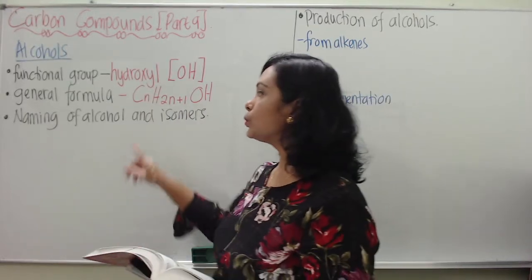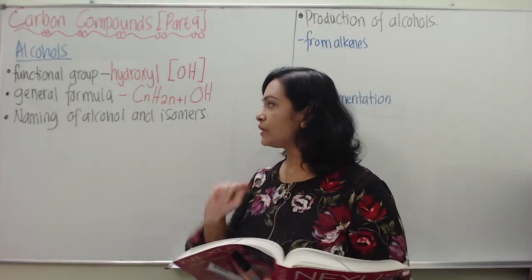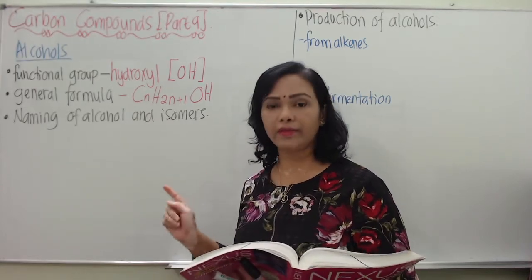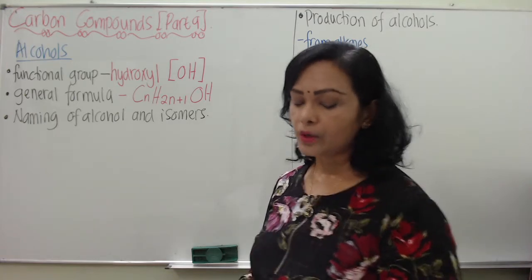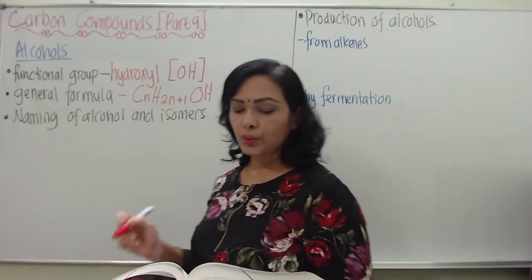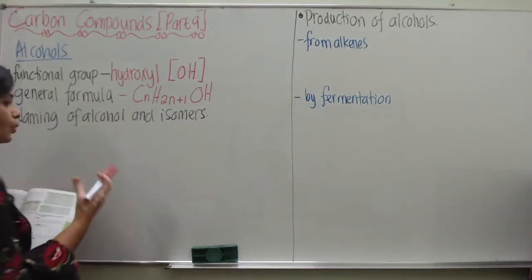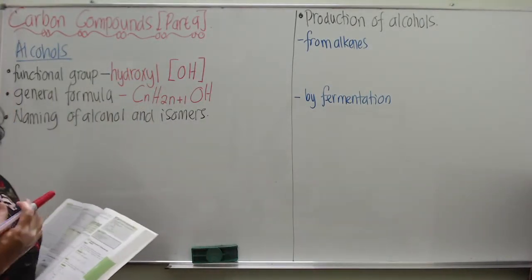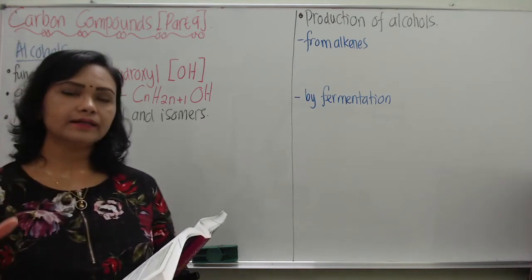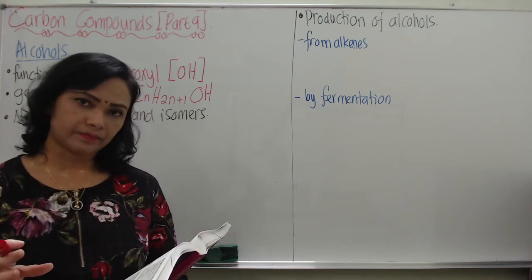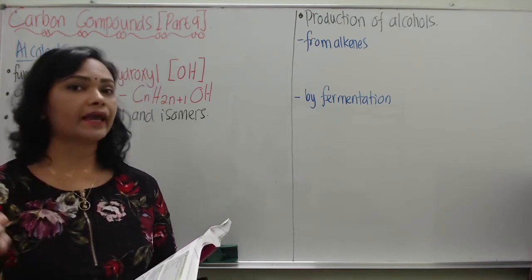Now let's go to naming of alcohols and isomers. I will wrap up naming of alcohols and isomers together as we have done isomers already. For your syllabus, you are required to name or know up to decanol. Why decanol? Because we have done up to C10 for alkane and alkene.